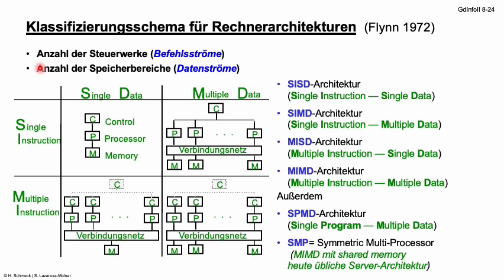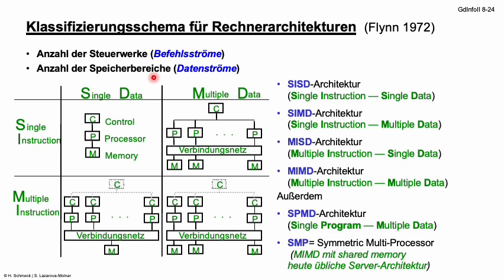So we have two types of information flow into a processor. One is the instruction stream, which defines the number of control units. And then we have the data stream, which defines the number of memory units.